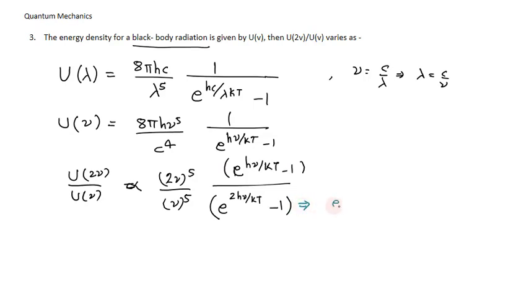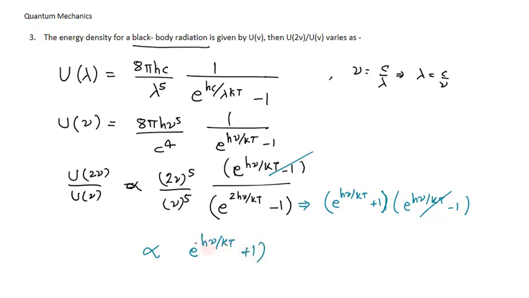This expression you can write as (e^(hν/kT) + 1)(e^(hν/kT) − 1), since a² − b² = (a+b)(a−b). So from here this and this will cancel. So this is proportional to (e^(hν/kT) + 1)^(−1). This was a simple question that was asked in a JAM exam. So u(2ν)/u(ν) will vary as this factor.